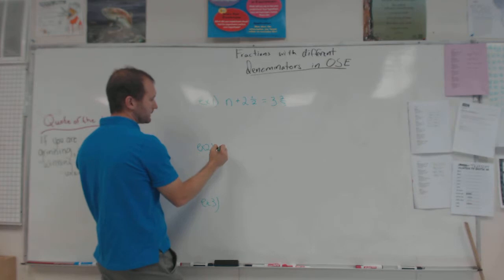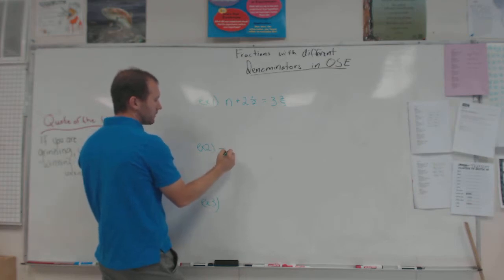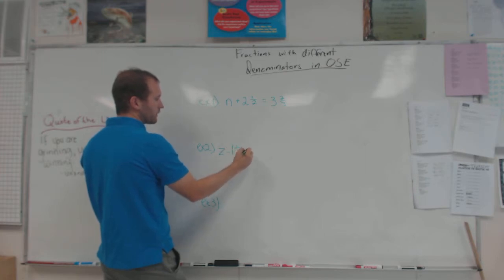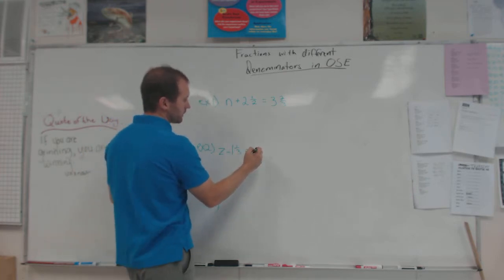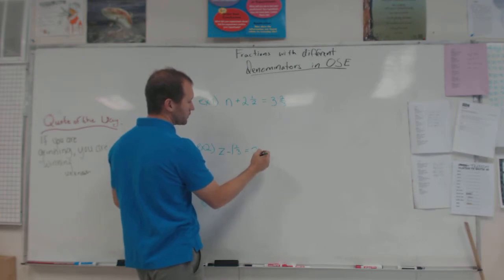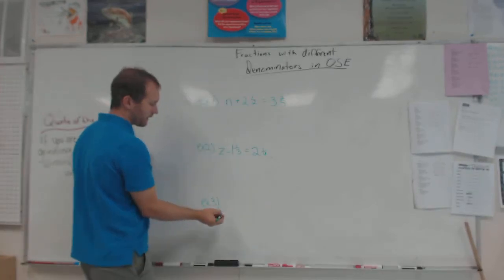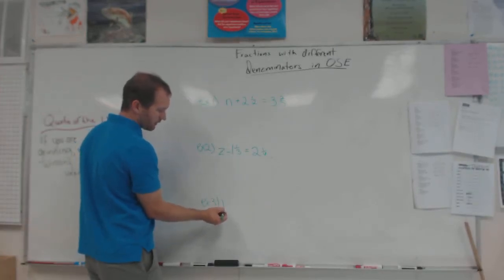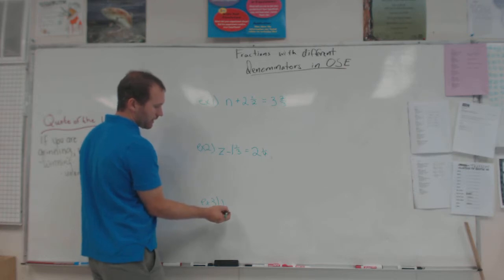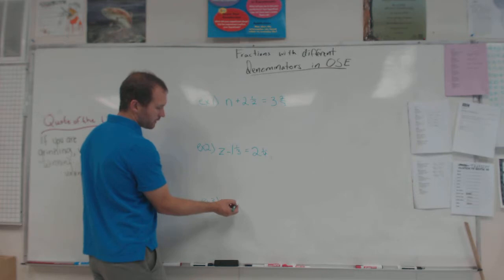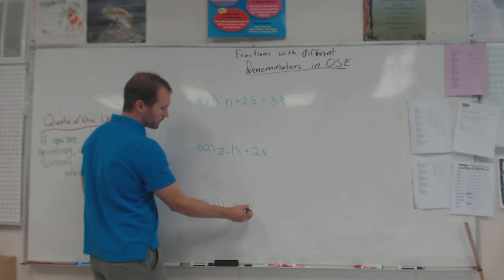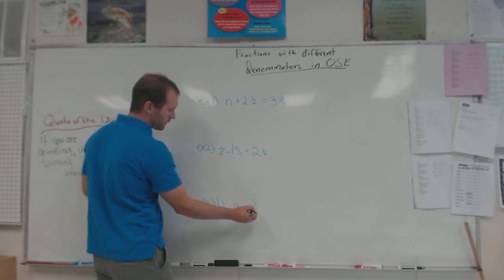What if I had z minus 1 and 1/3 equals 2 and 1/4? And then for the last one, this is a weird letter like k. K plus 1 and 1/5 equals 2 and 3/4.